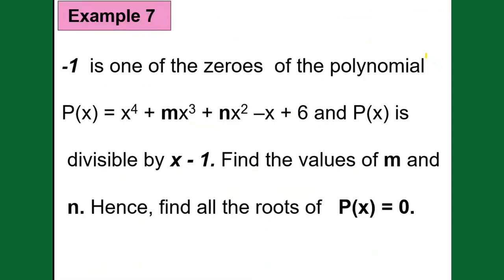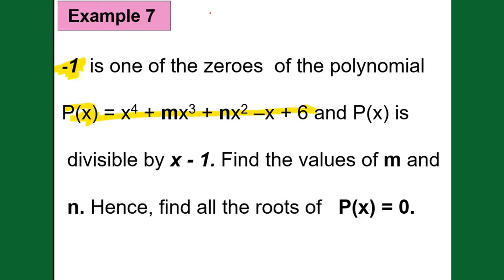Complete. Okay. Sini last example. Ada lagi, kita laju lagi. Okay, example 7. Ni negative 1 is one of the zeros of px. And ni maknanya ni one of the zeros.